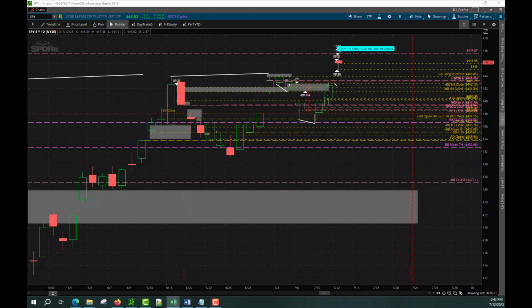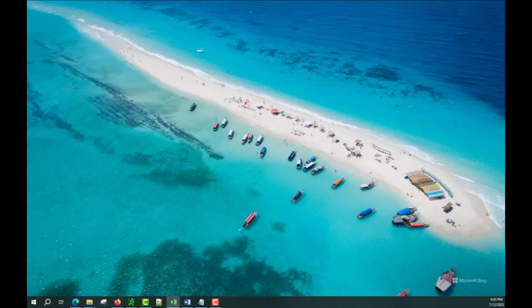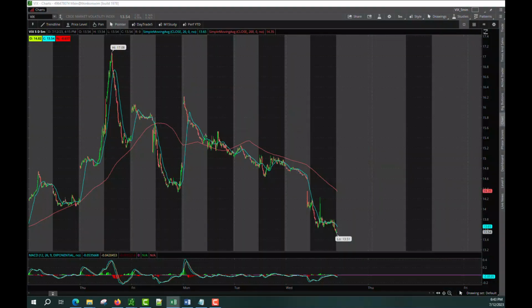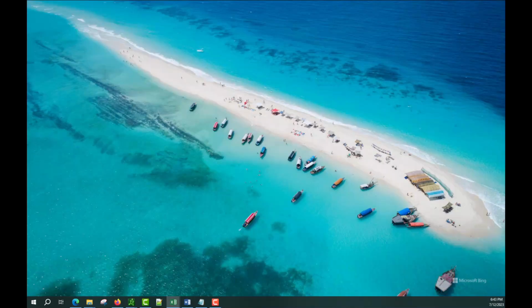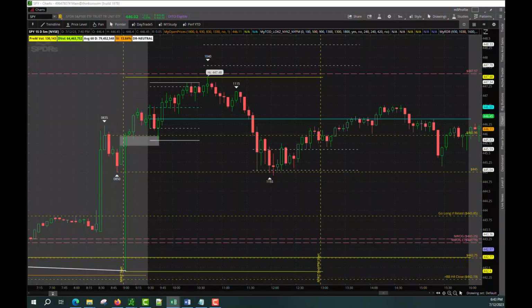So the move is 0.80%, and it moved $3.55. What's the volume? What is the 5-minute time frame?